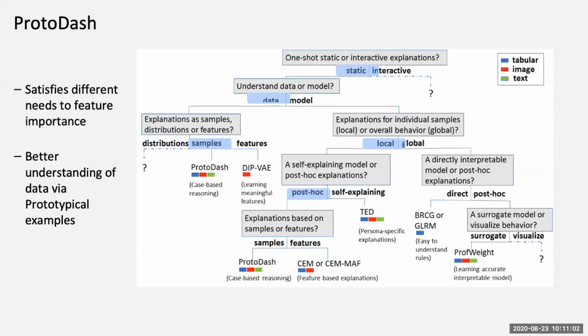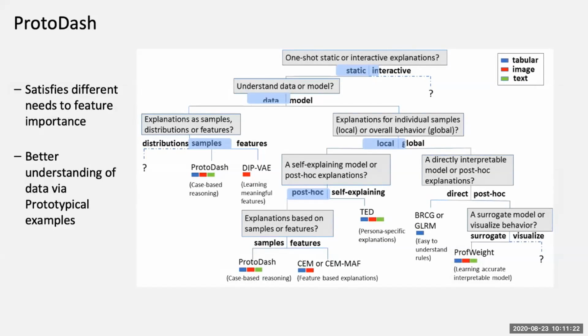So it's a static model, but it relies on the data rather than generating explanation from the model itself. And it was also a local and post hoc model, so it can basically take any complex model as its baseline.